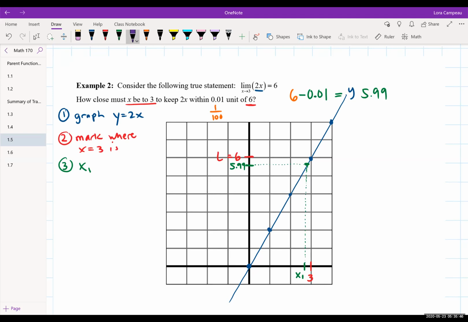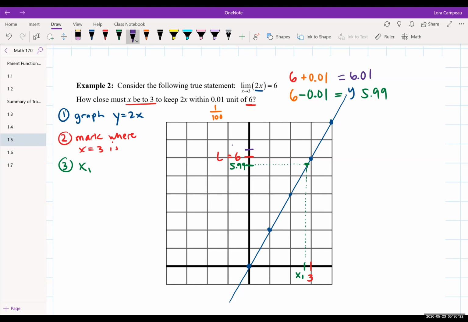We're going to say, what happens if we're above the 6? So if we take the 6 and we add, oops, I was supposed to color code that. We'll work with it as we go. If we add 0.01 to 6, we are going to get 6.01. And I am going to exaggerate this a bit for purposes of drawing. We do want to see where these parts are located, but it should be the same distance away that the 5.99 is from the 6.